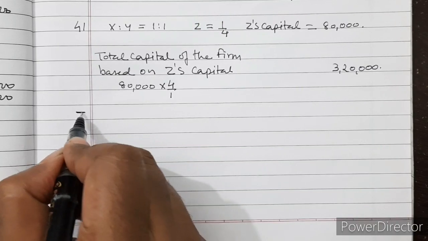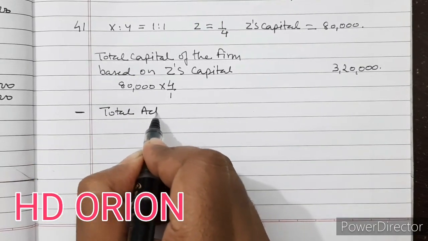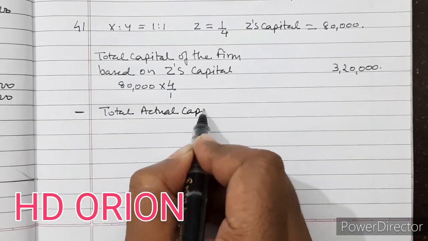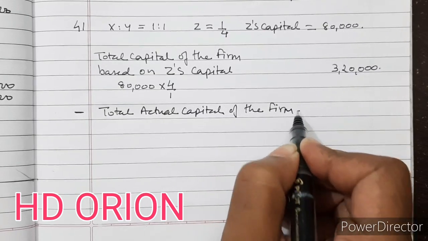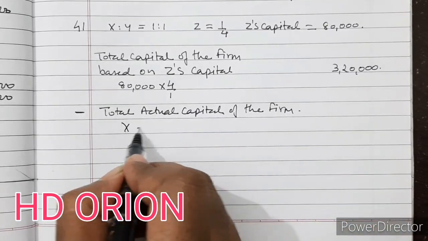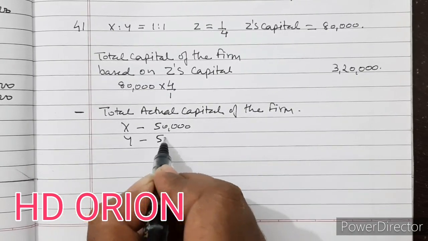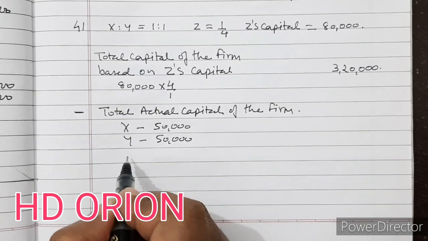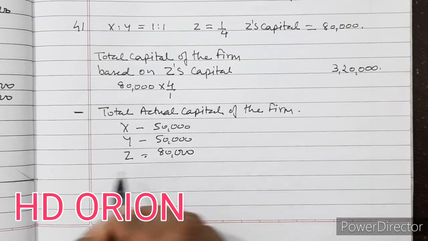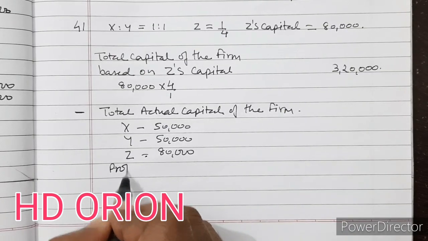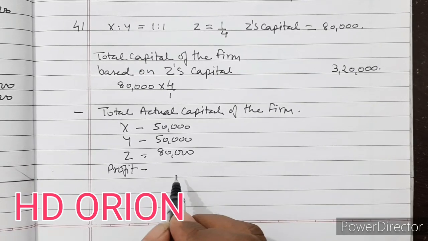Now we will compare it with total actual capital of the firm, which is the capital of X, 50,000, plus capital of Y, again 50,000, plus capital of Z, that is 80,000, plus profit. Profit is 40,000.